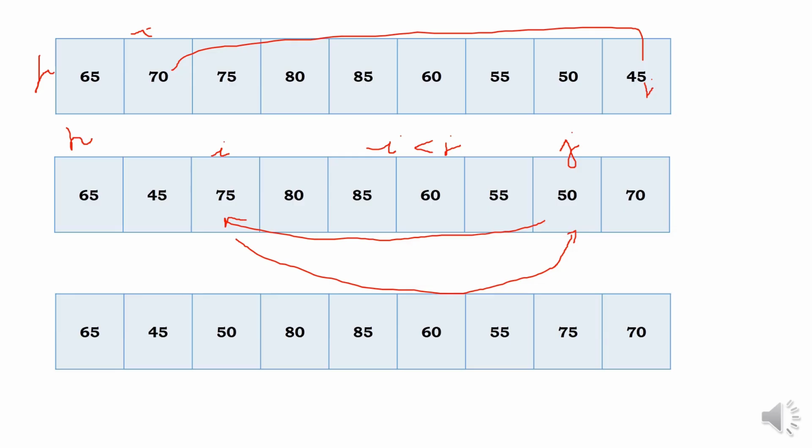So now 50 will come to this position and 75 has come to the place of 50 after the swapping has taken place. And then once this is done, I will point to the next element and j is decremented to point to the previous element, and P is pointing to this location.